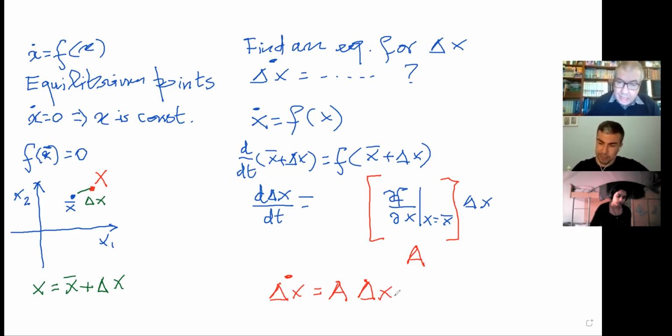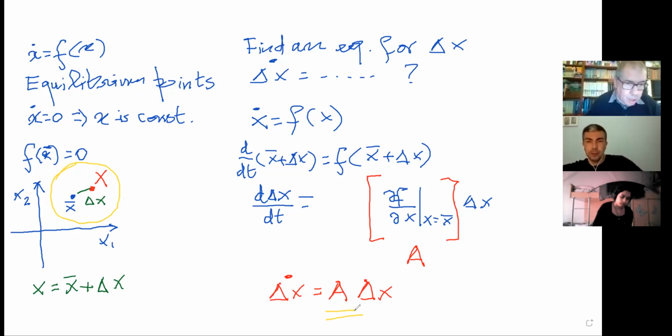So everything that you should know about eigenvalues and eigenvectors in that story of the phase portrait applies locally, around the equilibrium, because that is where this approximation is valid for this system. So that's linearization.